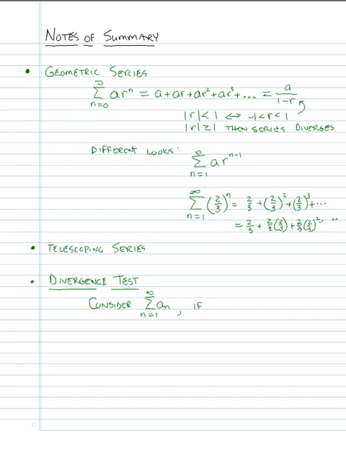If the limit of the terms, that's the terms that make up the series, which is basically a sequence, isn't it, as n approaches infinity is not equal to 0, then the series diverges.